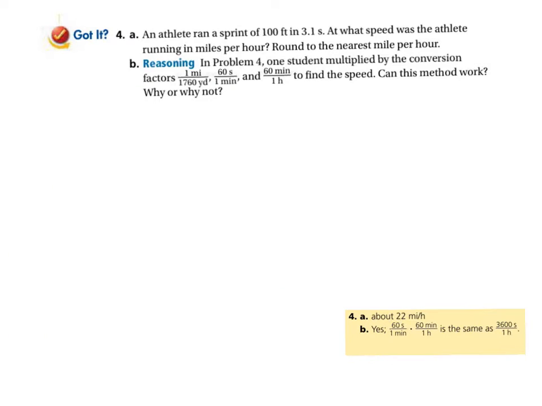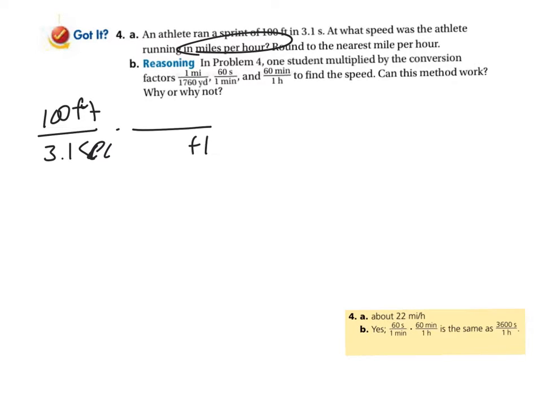Okay, so we're going to do something similar here. An athlete ran a sprint of 100 feet in 3.1 seconds. So it starts out this way: 100 feet, it's feet I promise, in 3.1 seconds. So I'm going to want to convert two things. I want to know miles per hour. So feet into miles, and to get rid of them, feet have to go down, miles up.